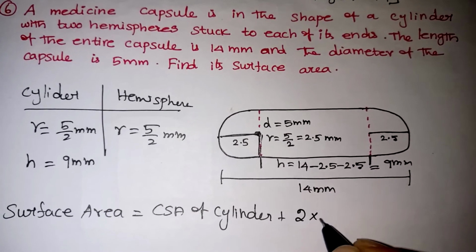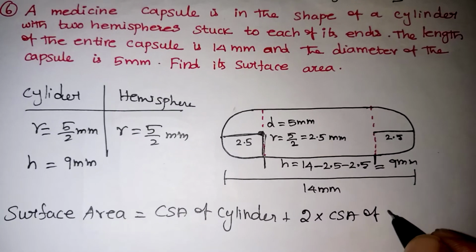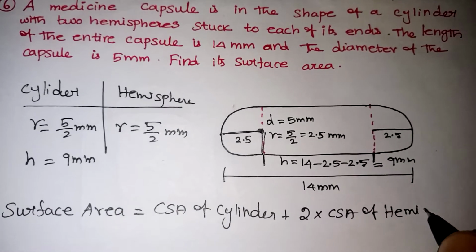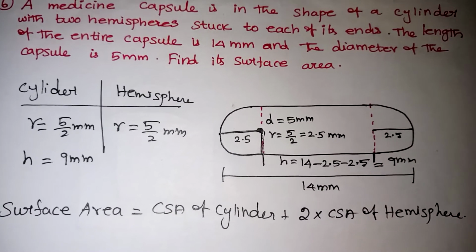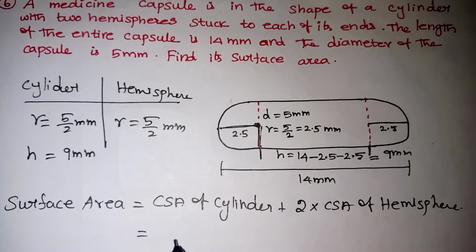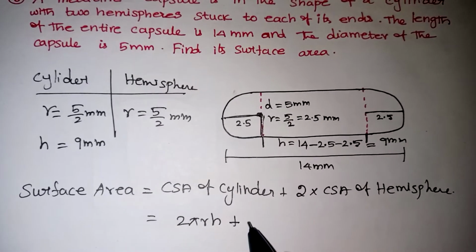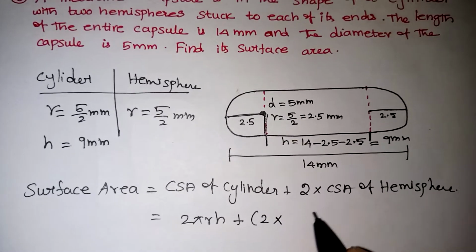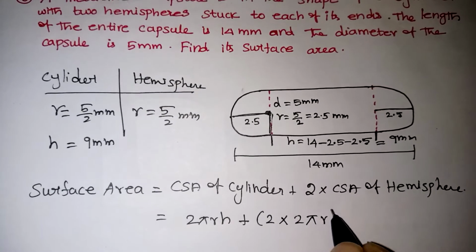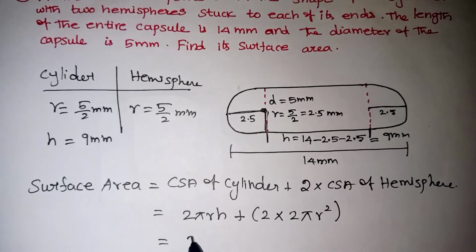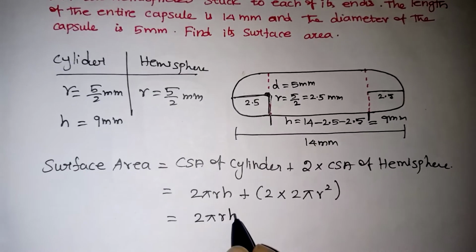So CSA of the cylinder formula is 2 pi r h, plus 2 into CSA of the hemisphere, 2 pi r square.